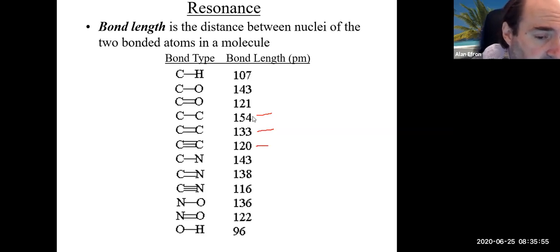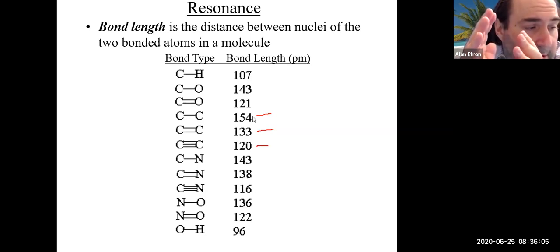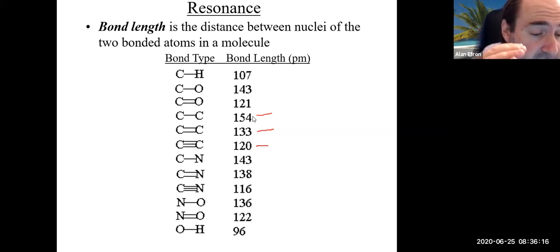So in general, as we go from a single bond to a double bond, the distance gets smaller. And as we go from a double bond to a triple bond, the distance gets even smaller. So we went from 154, put on another bond, everybody came in closer to each other. 133, put on a third bond, everybody came in closer at 120.